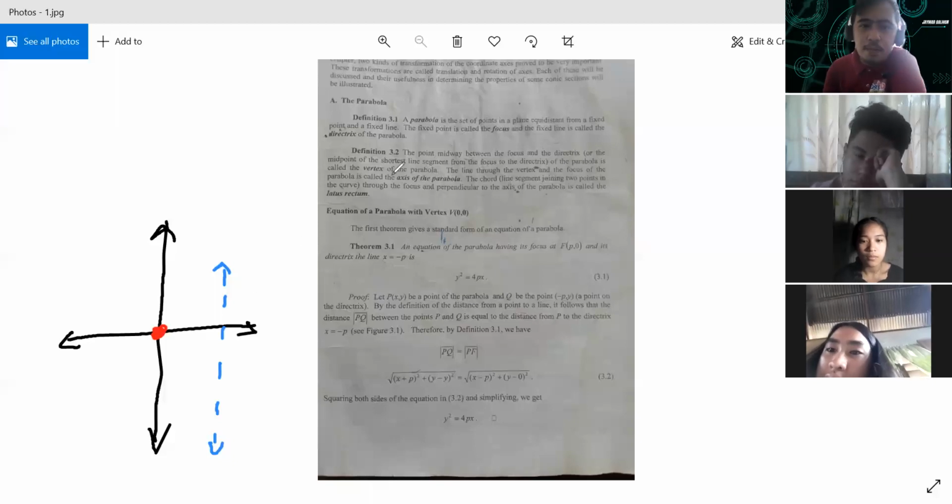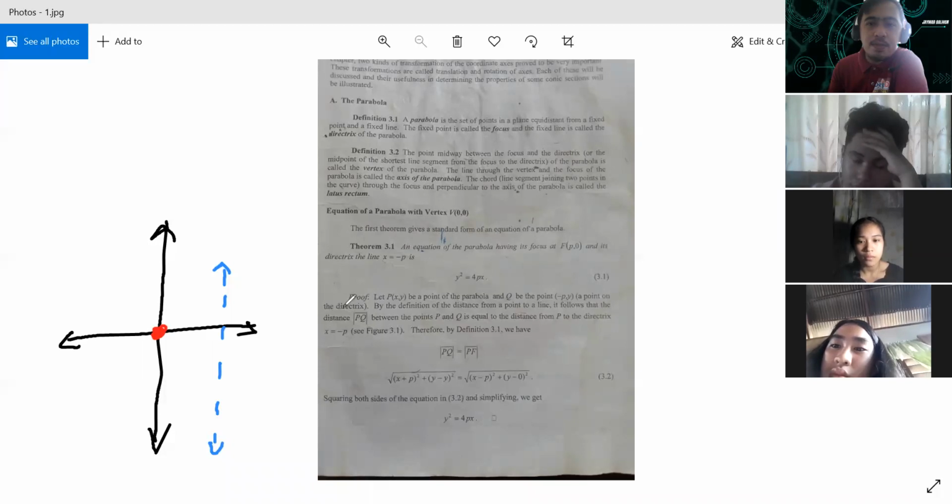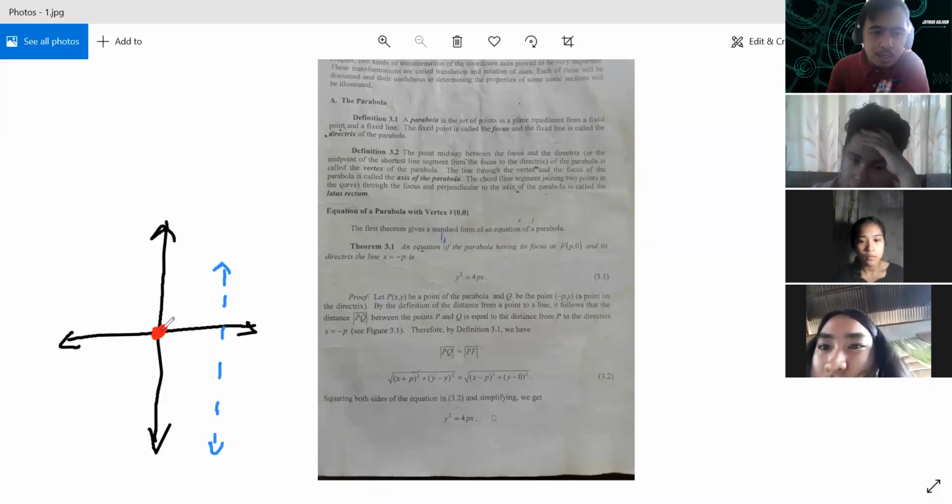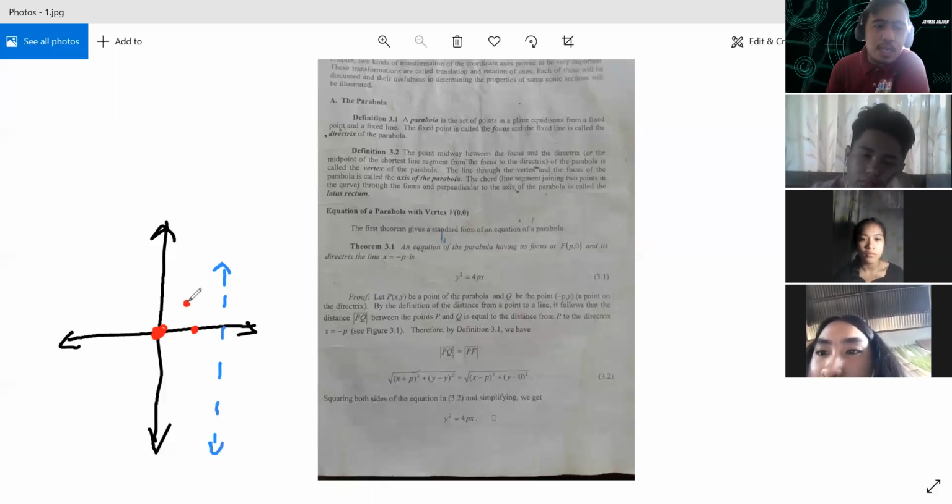Today, for the parabola, it is a set of points in your plane equidistant from the fixed point and the fixed line. So say you have a point here. This distance and this distance should be equal. And if you get another point, say here, the shortest distance to that fixed line is equal. And you collect all of those points.